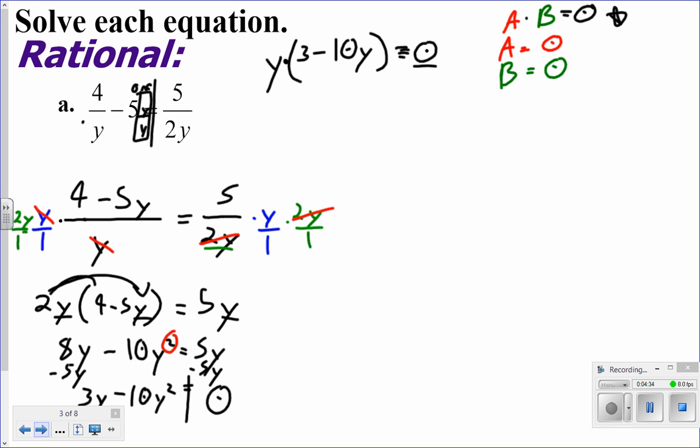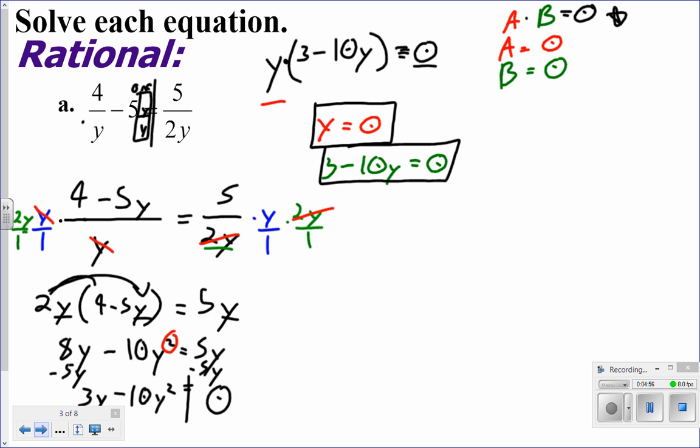So as I look at this, here I either have to have y equal to 0 or I have to have 3 minus 10y equal to 0. Well, the first one is already simplified. y could be 0, or I must simplify this one. In order to do so, I want y by itself, so I subtract 3, negative 10y is equal to negative 3, divide by a negative 10, divide by a negative 10, and I get y is equal to 3/10.